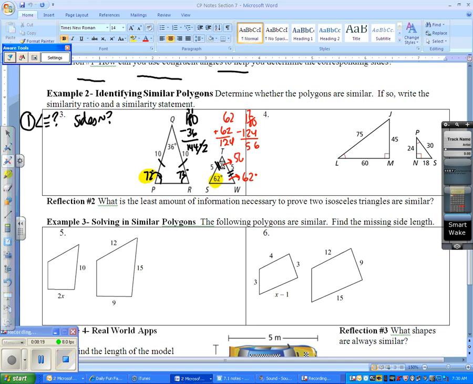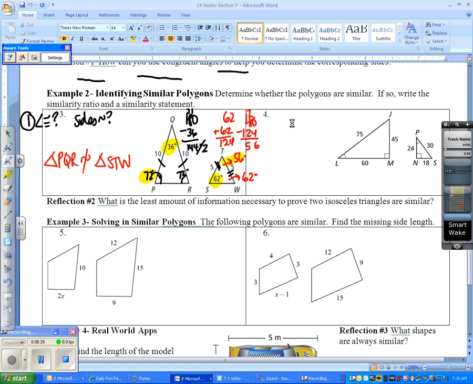So again, these corresponding angles are not congruent to each other, so the triangles are not similar. So I can say that triangle PQR is not similar to triangle STW because their corresponding angles are not congruent.